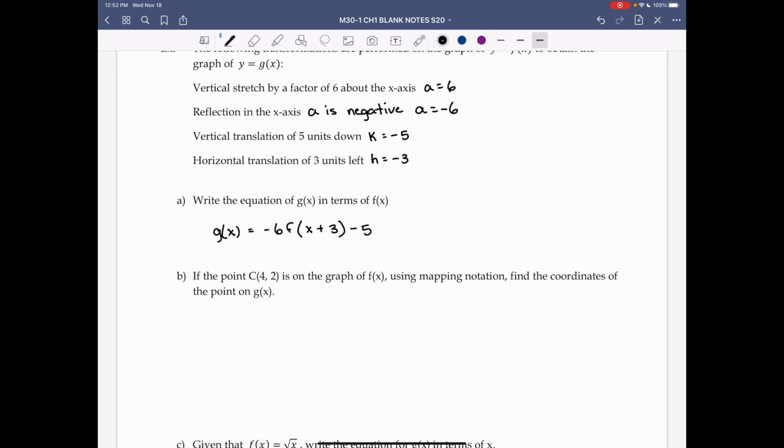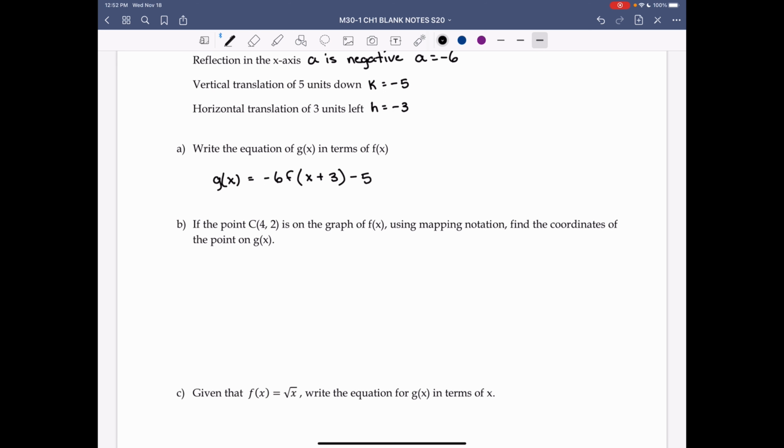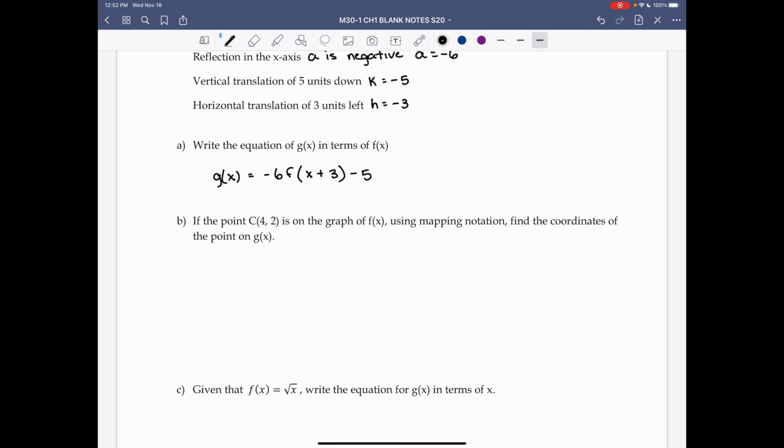B, if point (4, 2) is on the graph of f of x, using mapping notation, find the coordinates of the point on g of x. A point (x, y) on f of x would become, we don't have a b value, so x, we have h is negative 3, x minus 3, a is negative 6 times y, and then minus 5, which is k.